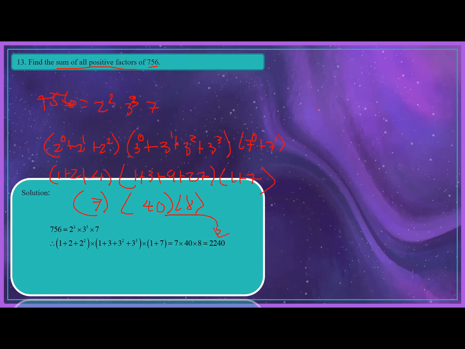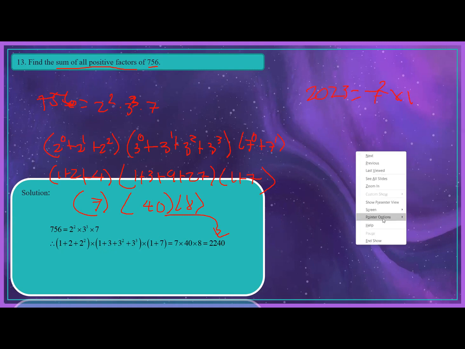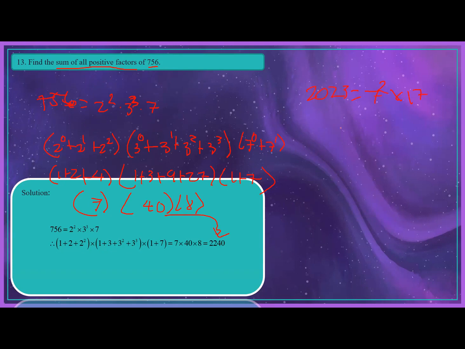So how about our year today? We have 2023. This is 7 squared times 17. If we want to find the sum of all positive factors of 2023, that's basically 7 to the 0 plus 7 to the 1 plus 7 squared, times 17 to the 0 plus 17 to the 1.